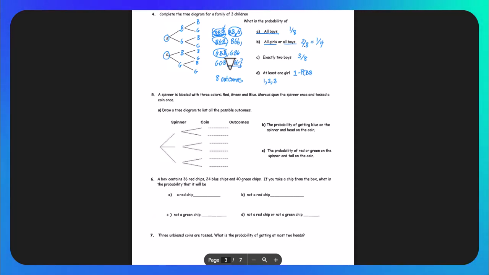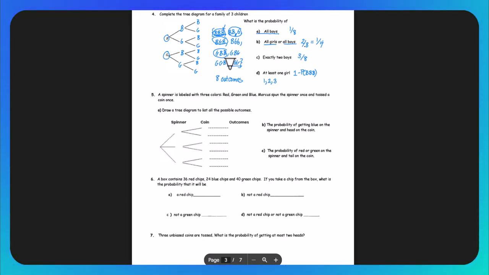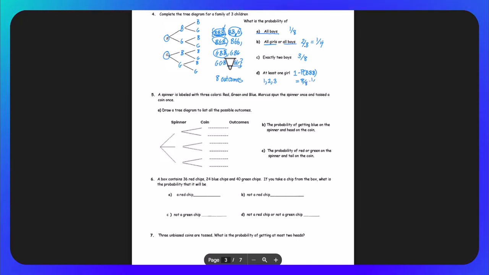It makes our little calculation a little easier. We can just say 8 over 8 minus 1 over 8, which equals 7 over 8. So we could have counted them or done it this way as well.